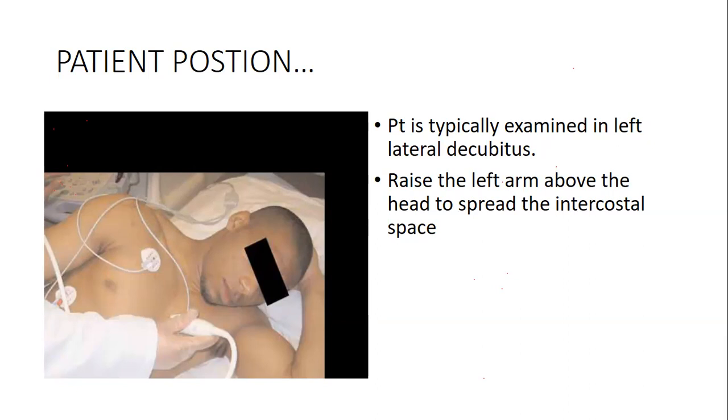Remember, the cardiac probe has a very, very small footprint. The reason is that we want that footprint to go through the intercostal spaces. Yes, sometimes a patient may not be in this typical position. Maybe they're very sick, or they cannot manage, or due to other conditions, you still have to find a way and do that.